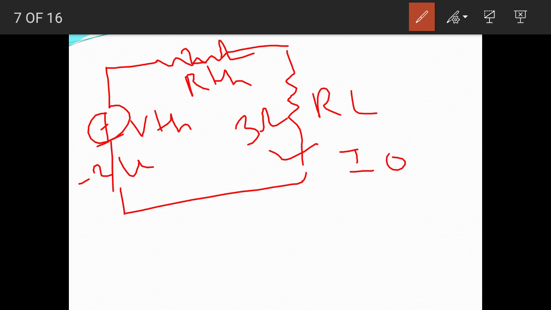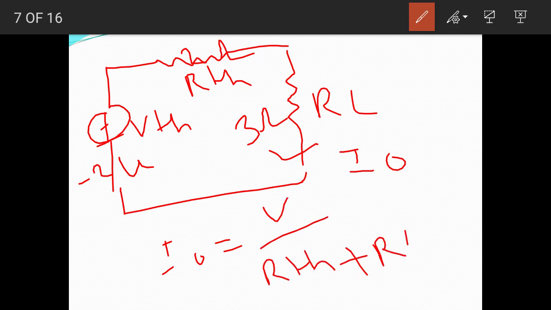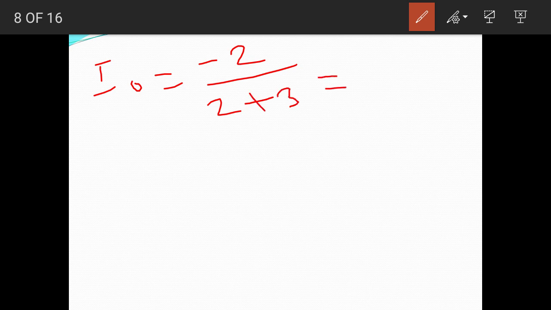So we can find I0. I0 is equal to V upon RTH plus RL, where V is -2 volt, RTH is 2 ohm and RL is 3 ohm. So I0 is equal to minus 2 upon 2 plus 3.